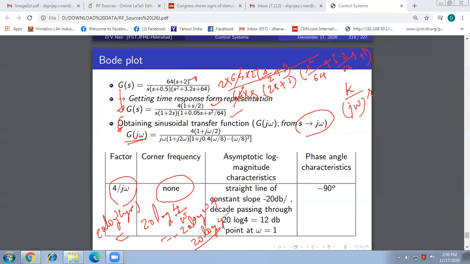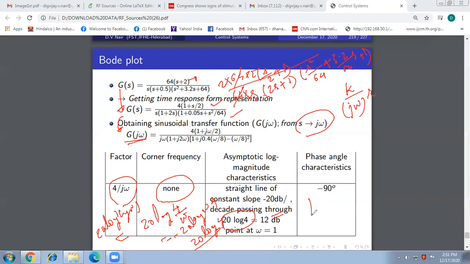And 20 log of 4, if you evaluate, turns out to be 12 dB. So the intercept is this much, right? And the straight line passes through 20 log of 4 at omega equal to 1.